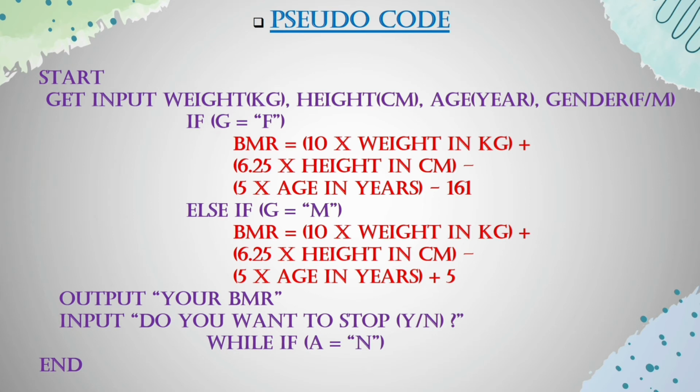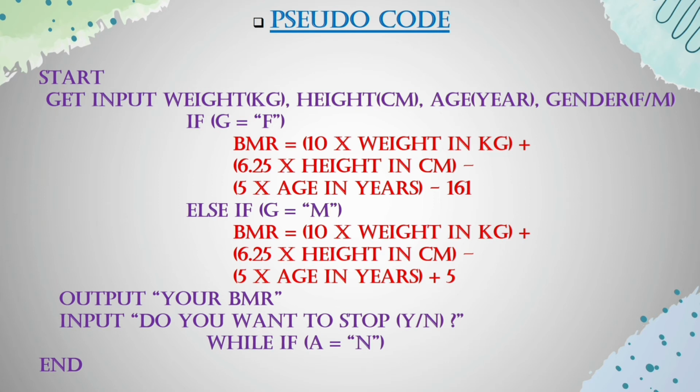And for the pseudocode, start. Get input weight in kg, height in cm, age in years, and gender female or male. If gender equals F, BMR equals 10 times weight in kg plus 6.25 times height in cm minus 5 times age in years minus 161.